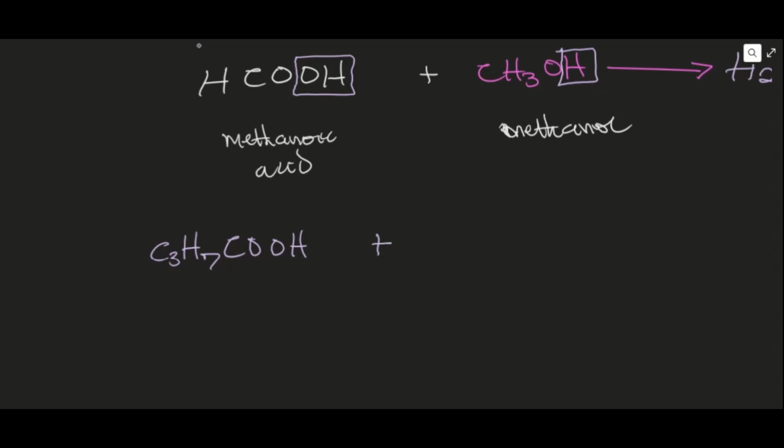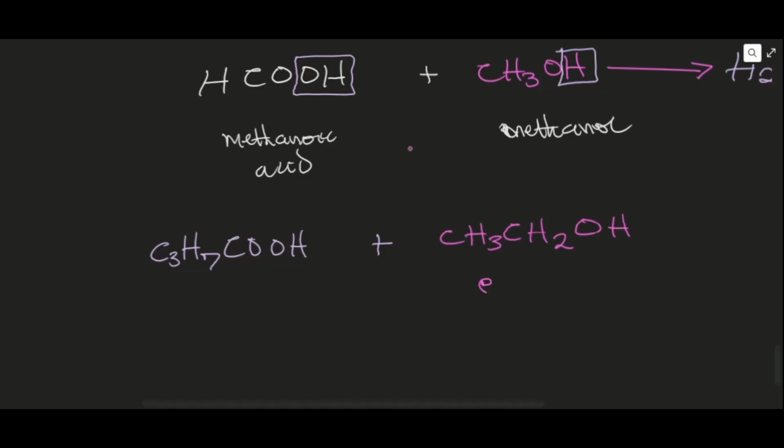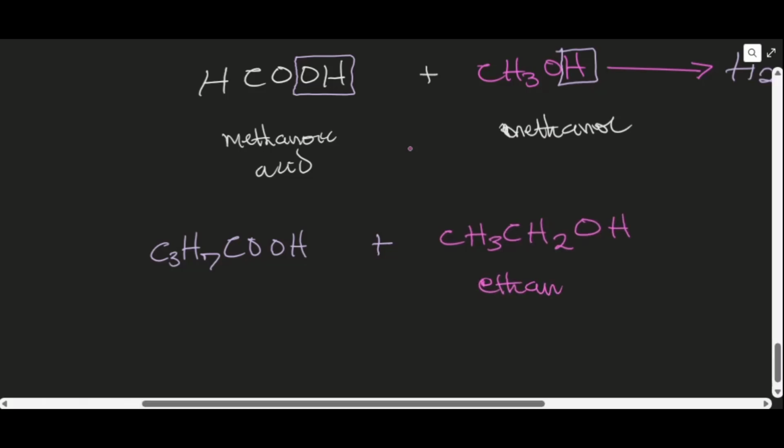And then react with ethanol. Ethanol is going to be CH3CH2OH. So this is ethanol, and this is butanoic acid.